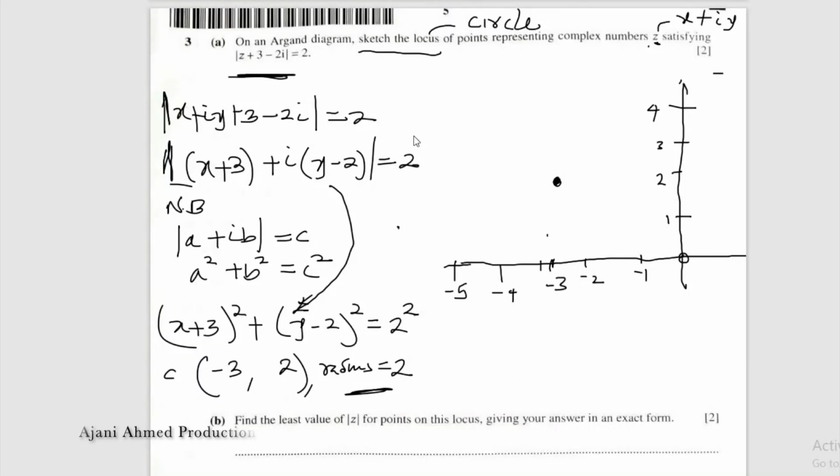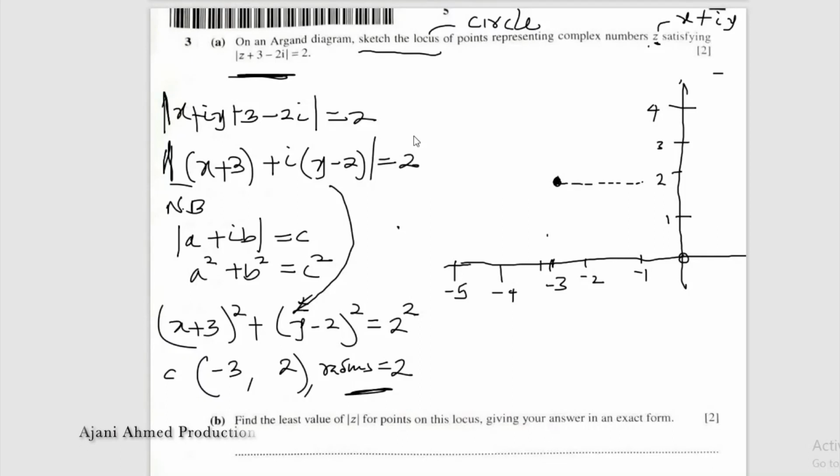So what's our radius? Our radius is 2. I need to get the radius in the four parts of the circle. From minus 3 to minus 1, that's a distance of 2, radius of 2.